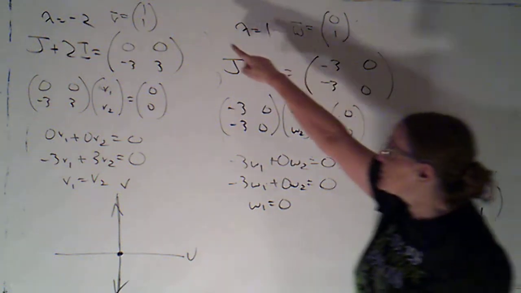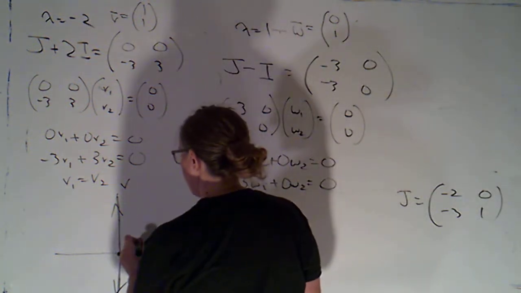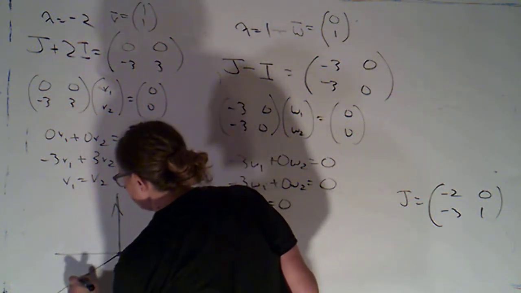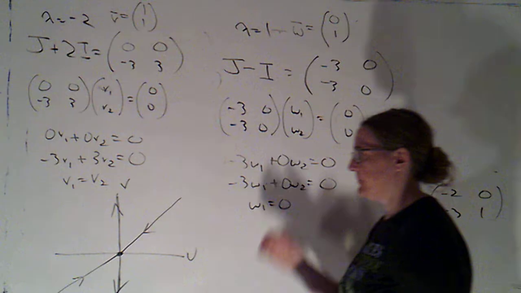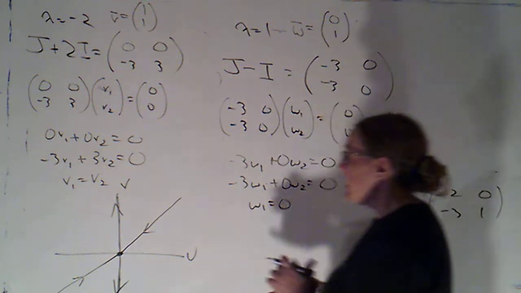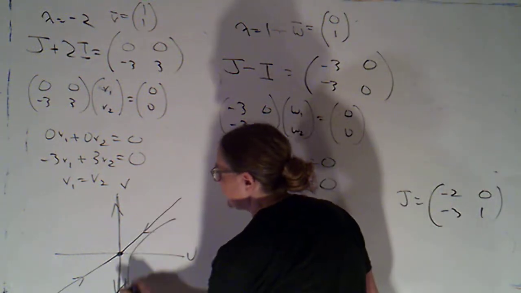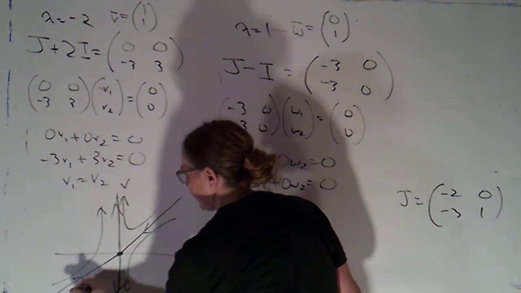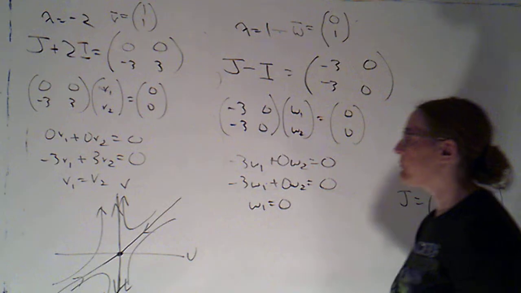And then the vector 1, 1, so over 1, up 1, that's going to give me straight line solutions that are approaching the origin. And so, of course, I'm getting a beautiful saddle, like so. Excellent.